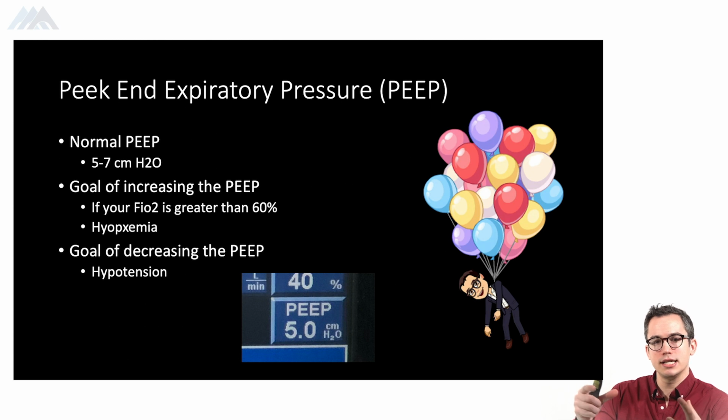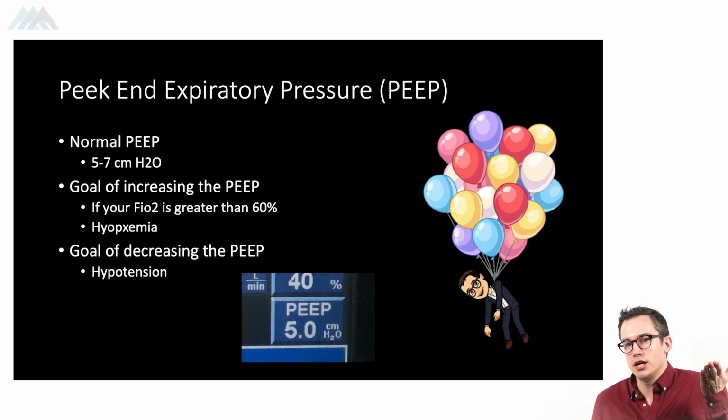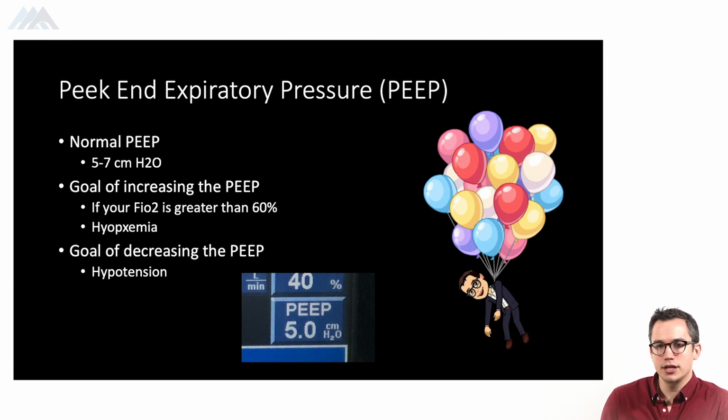We're externally doing that from the lungs by increasing our PEEP so much. So be very careful as you're increasing your patient's PEEP to watch the hemodynamic effects it's having on our patients. Are they still maintaining an adequate blood pressure?